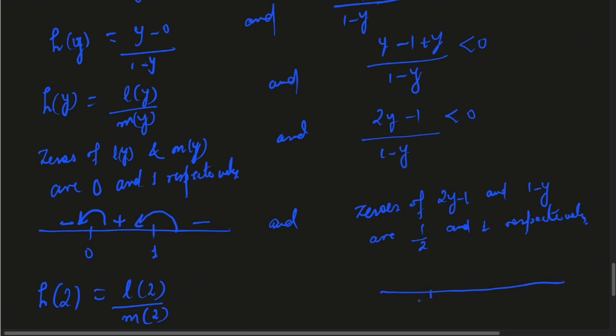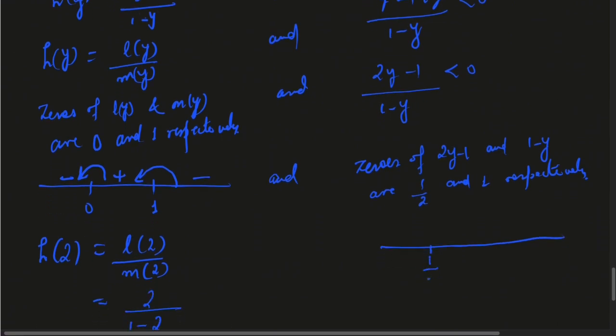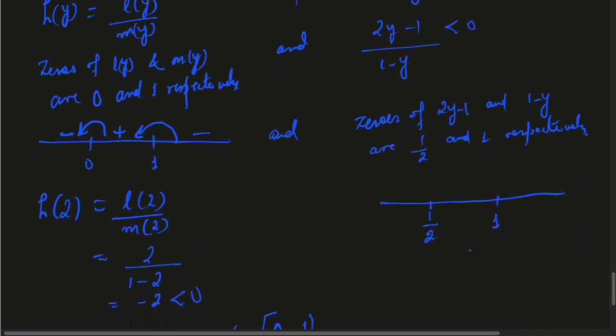Now we will choose a number greater than the largest zero. So the largest zero here is 1. So let us choose a number, and that number can be anything greater than 1. So let us choose 2, and we will put 2 in this function.